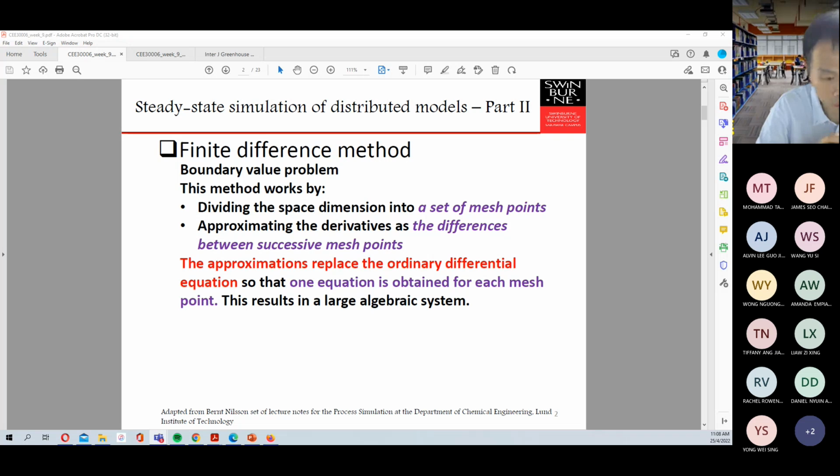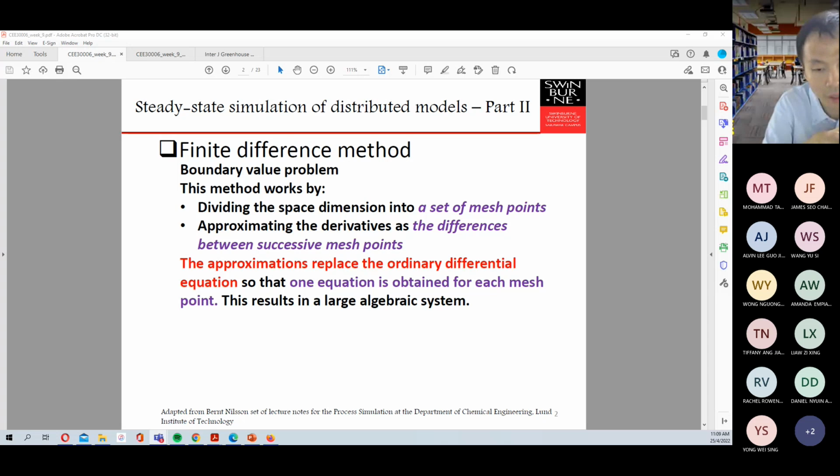Whereas in a distributed model, you have variation of the property with coordinate. So if I talk about the steady state distributed model, I may have variation in the property with respect to one or two coordinates. In process control, when we talk about the dynamics, obviously we talk about variations with time.